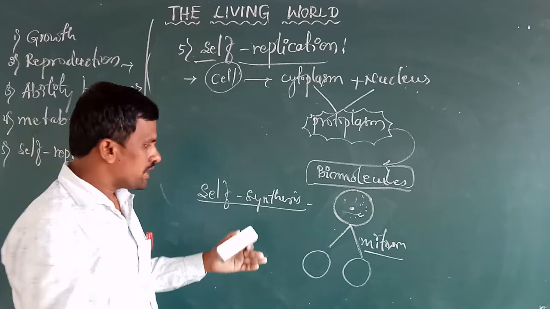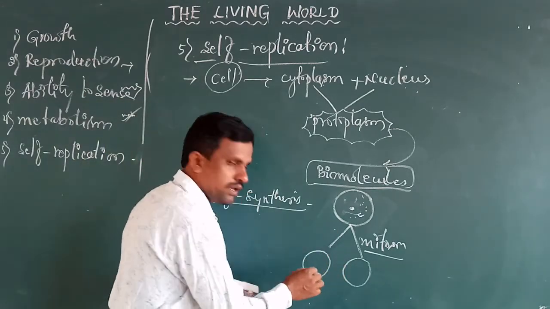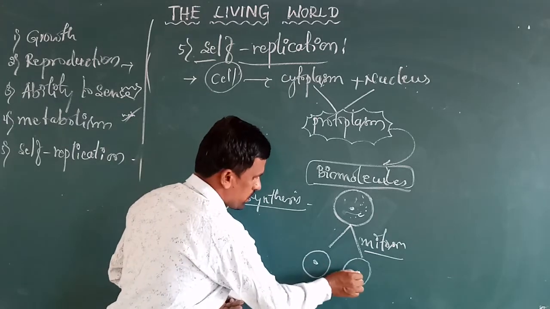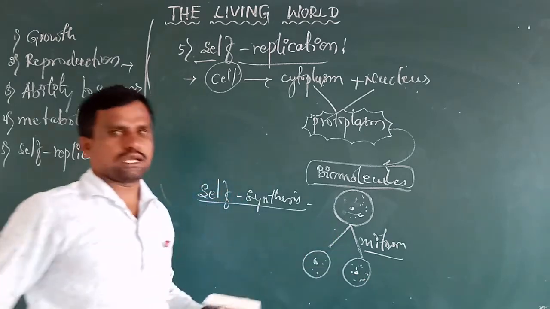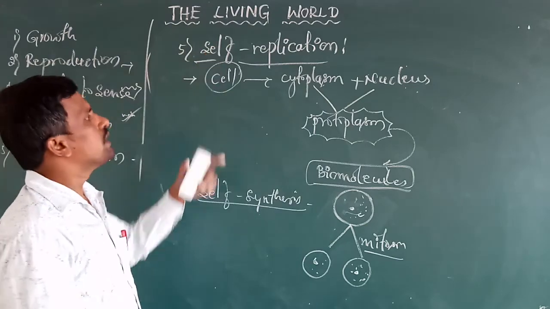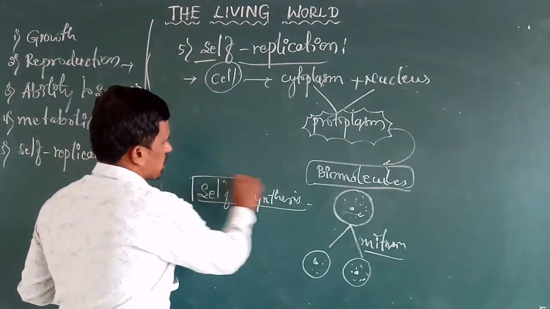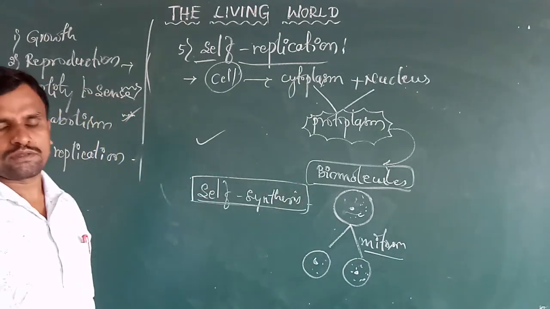So there is self-synthesis of the cell membrane, cell wall, genetic material like the nucleus, cytoplasm, cell organelles, etc. So living organisms are involved in self-replication, which takes place in their own body. Thank you.